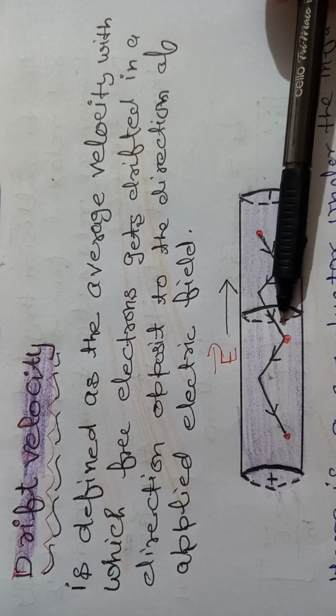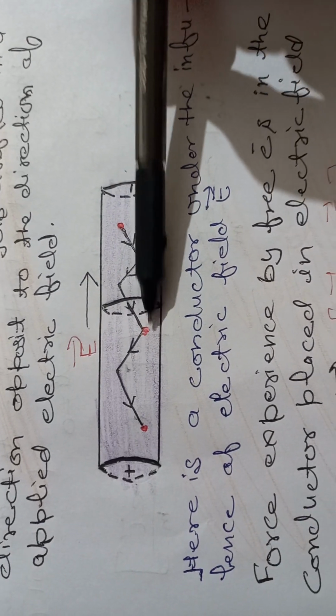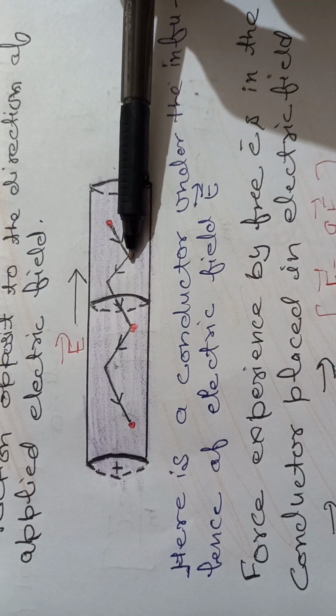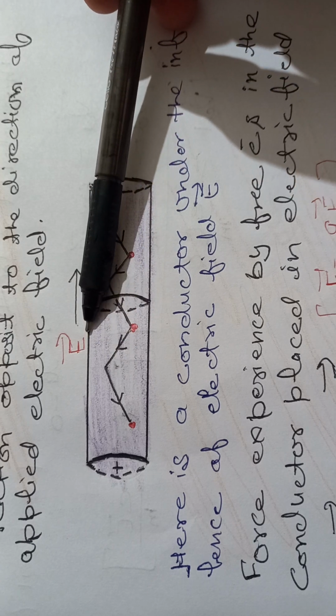Now in order to find the value of drift velocity in the conductor, you have seen these are the free electrons and this conductor is under the influence of electric field.